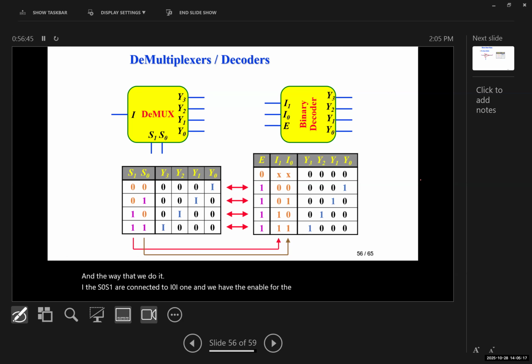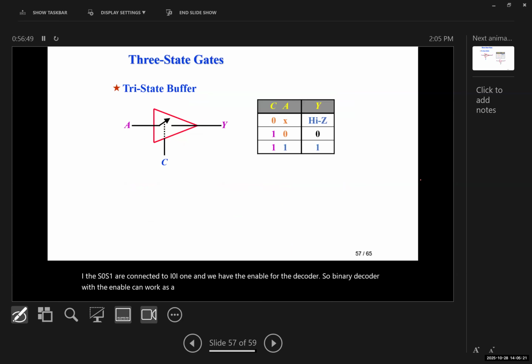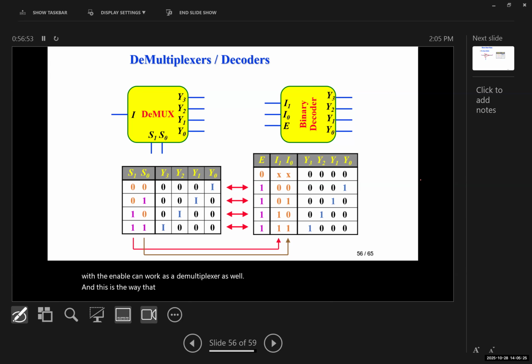So binary decoder with the enable can work as a demultiplexer as well. And this is the way that we connect them. But here we have a little bit of a limitation on the output, just could be one at each point. So a multiplexer can act like a decoder, and a binary decoder with the enable can act like a multiplexer as well. But we have specific ICs for demultiplexers and decoders.